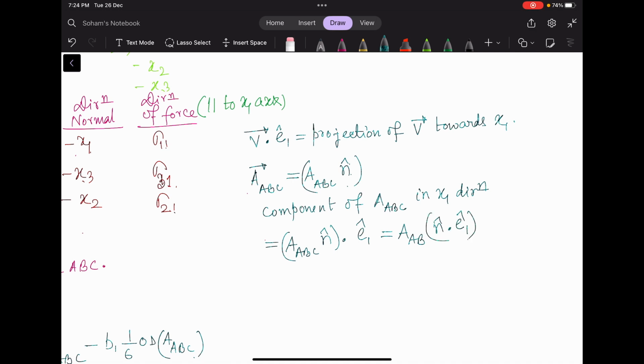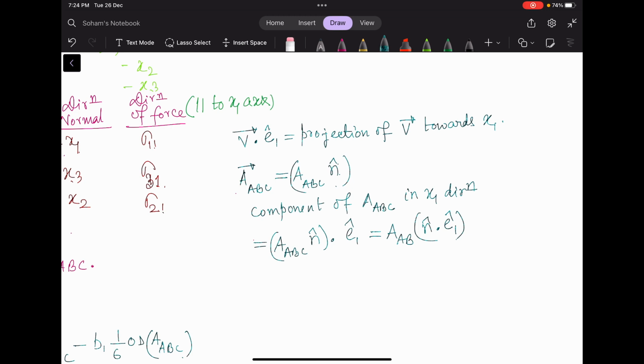Now what is n dot e1? n is a vector, so n equals n1 e1 plus n2 e2 plus n3 e3. So this will be n1, right? So this is area of ABC into n1.